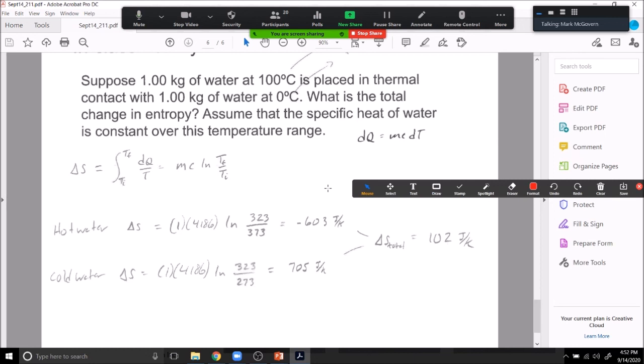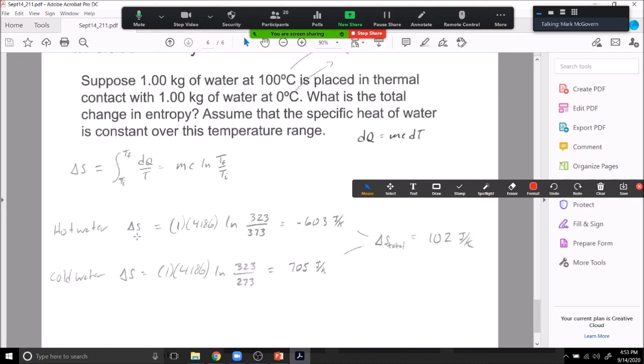From an entropy standpoint, it's not as simple, though. Clearly, the 100 C is dropping down to 50, and the 0 is going up to 50. We have a variable temperature, so we're going to use specific heat for this, and we know this expression.